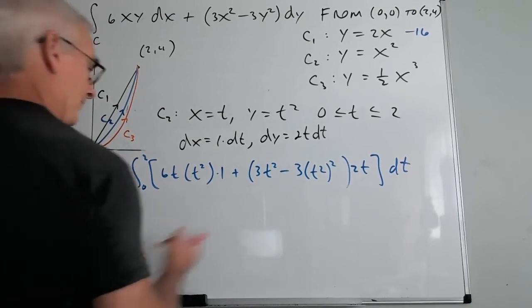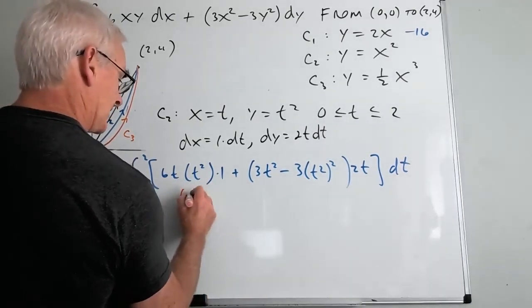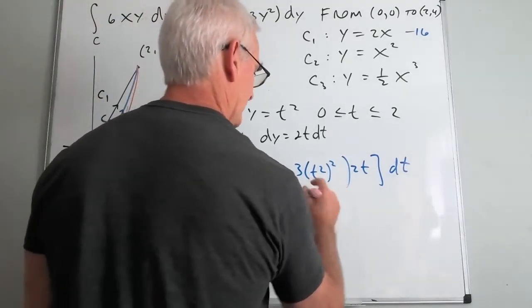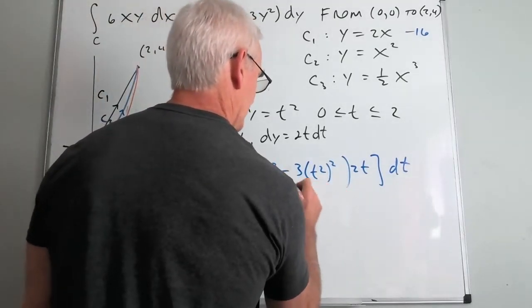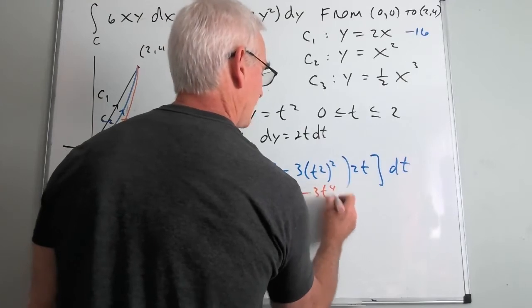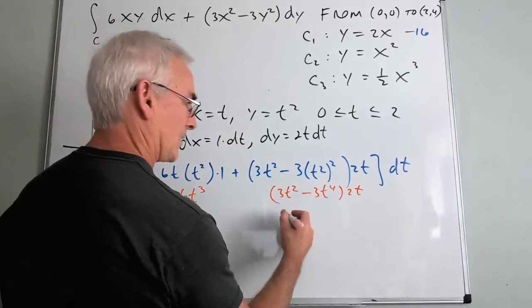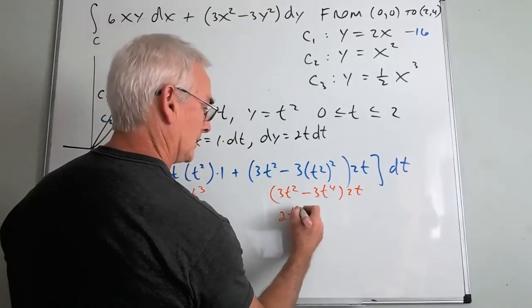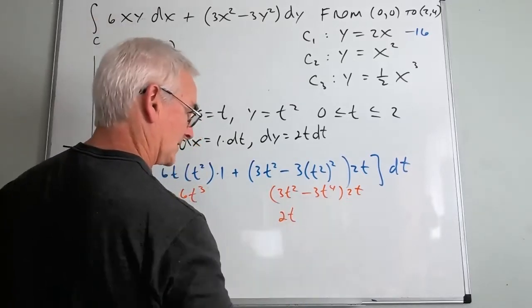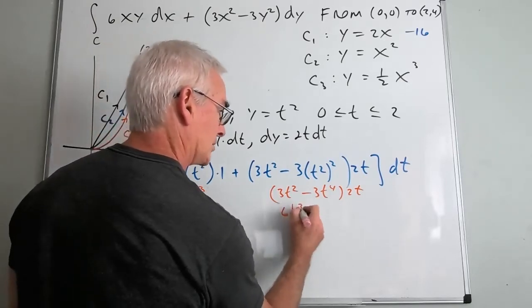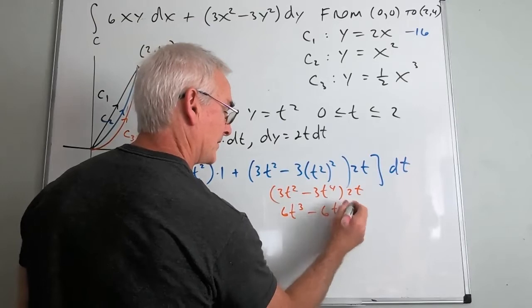So let's simplify. This is going to be 6t cubed. Right there, that's 3t squared minus 3t to the 4th times 2t. So now we've got 6t, not 2t, 6t cubed minus 6t to the 5th.